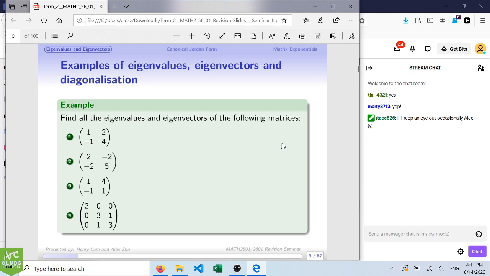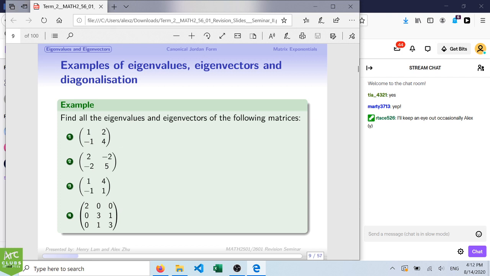All right, I think by this time you would have done question 1, perhaps question 2 as well. These examples aren't too hard. They are the basic application of the characteristic polynomial.